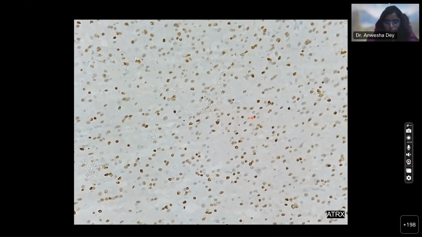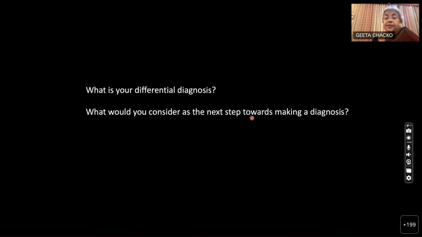Yeah, so ATRX is interpreted as either retained expression or loss of expression. So here you would say it is retained expression. So now, how is your mind working on this case? What would you like to do next? You want to do IDH.